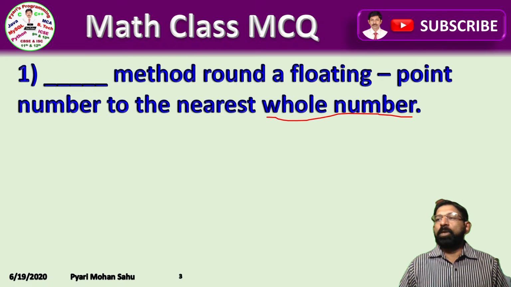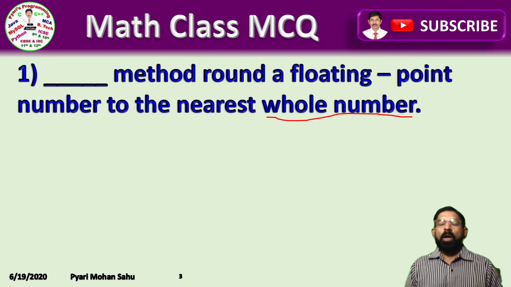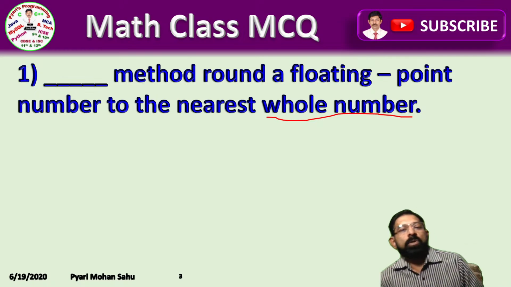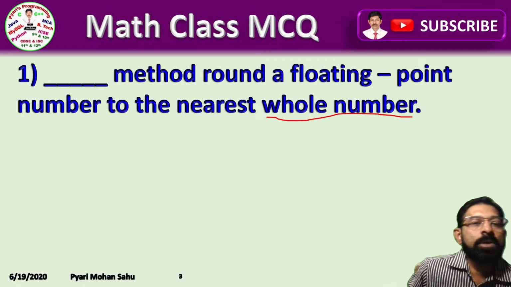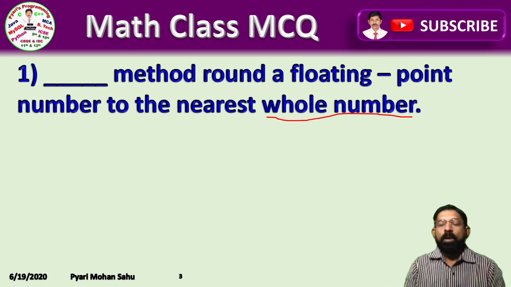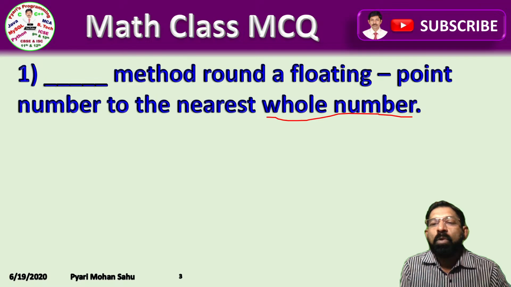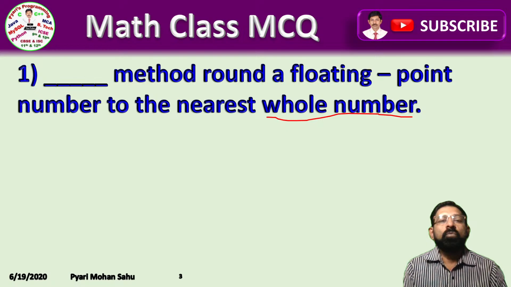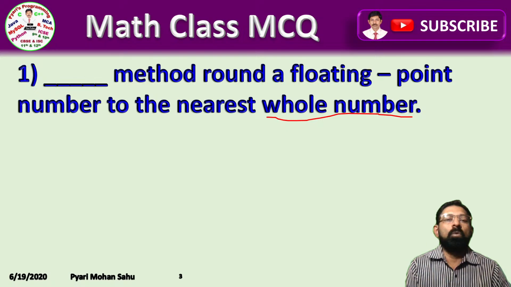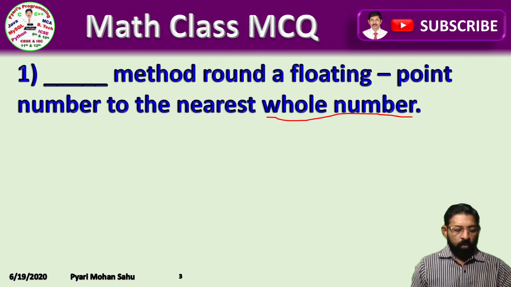According to the explanation given, as I said, round up to the nearest integer can be your ceil method, can be your rint method, can be your round method. Out of these three, which one is it talking about? This one. Quick, give your answer.